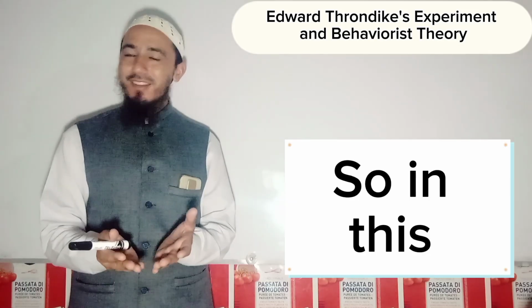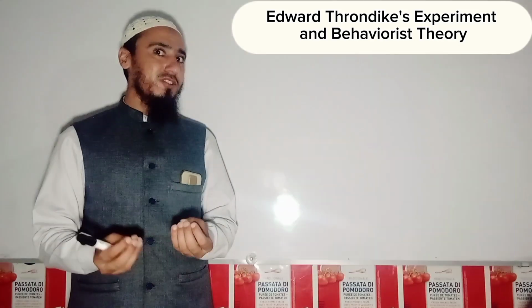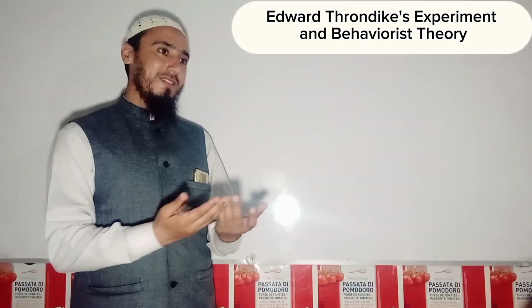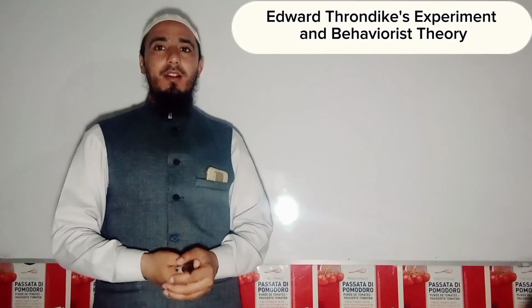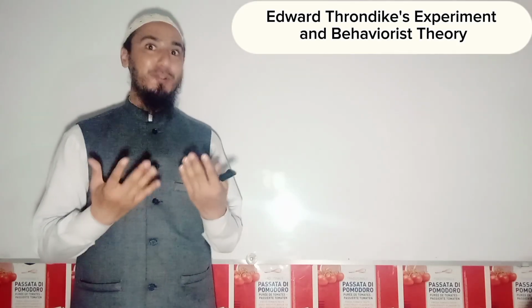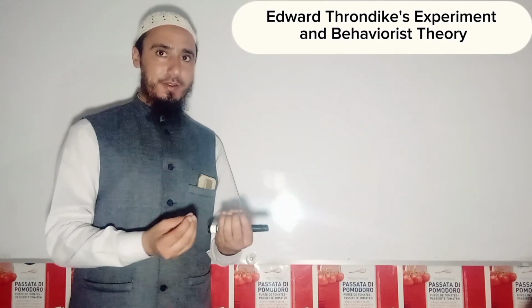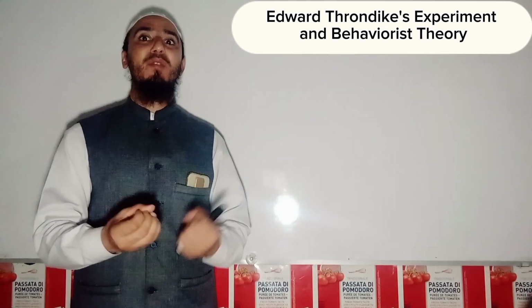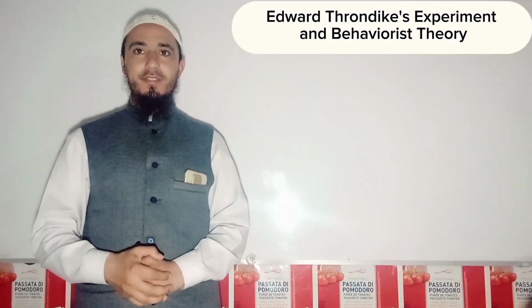So in this experiment, there is also a lesson for us which is derived by Thorndike. The lesson is that human beings also learn from behavior, from reward. Even sometimes human beings learn from their mistakes.